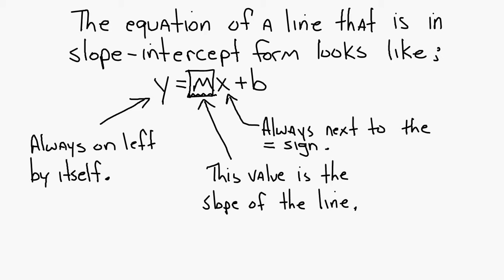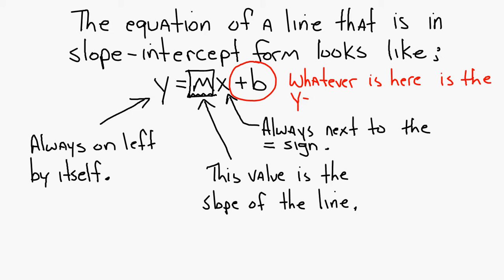Now, this value that sits out here, the plus b, or whatever is sitting here, is the y-intercept.